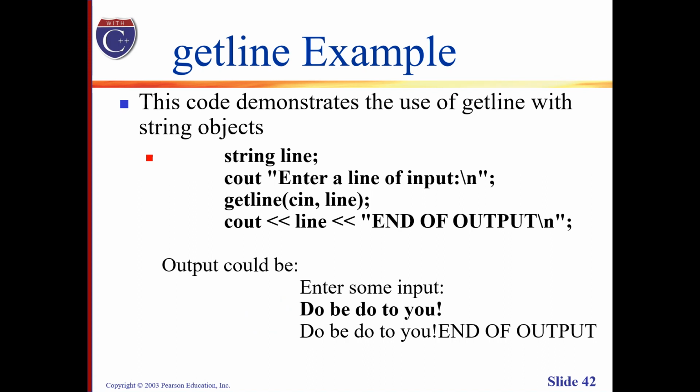As you can see here, we use the getline function to derive input from the cin stream. Thus, if we are going to display its output, this will result in this.